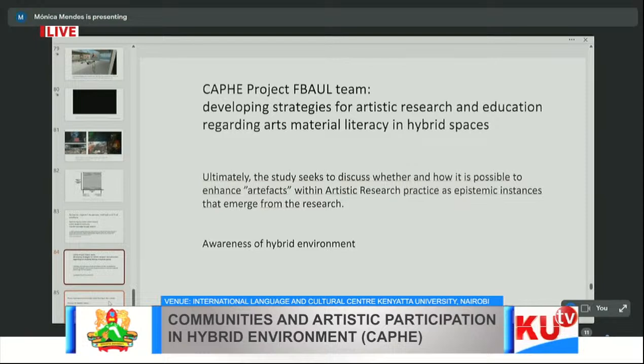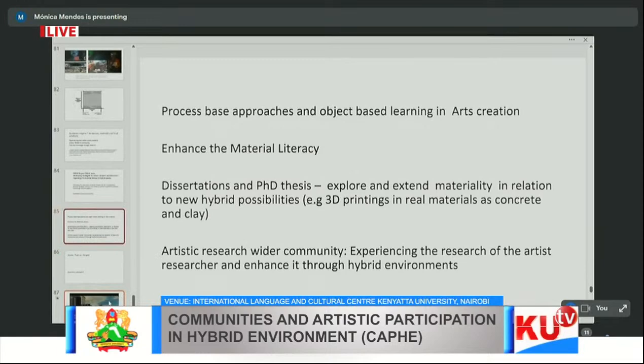And so we think that we may enhance the artifacts within artistic research practice as epistemic instances that emerge from the research. And this can be a build of artistic community, because it's about experience and fruition, and giving a knowledge sharing of embodied knowledge and shared experience.